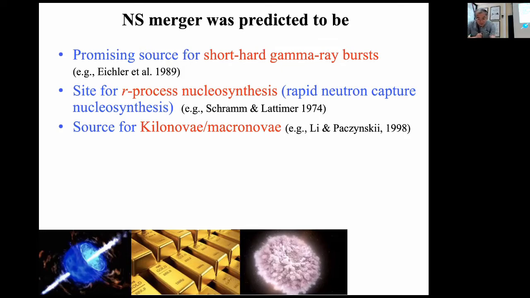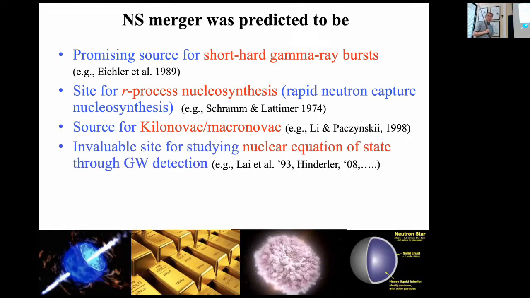And also, a neutron-star merger is a valuable site for studying the nuclear equation of state, because the neutron star is high density matter, and this is a very good experimental site for studying unknown nuclear properties like neutron scattering and so on.